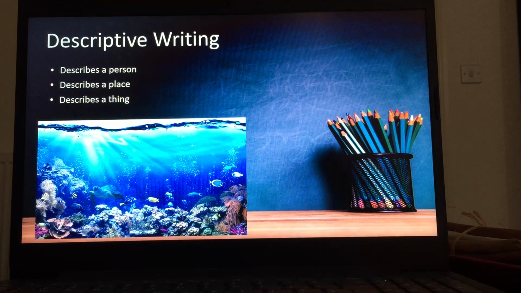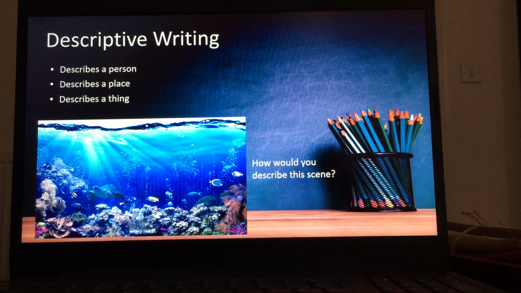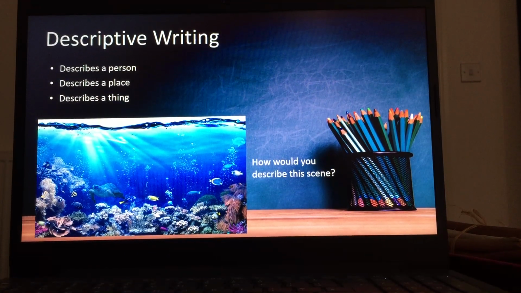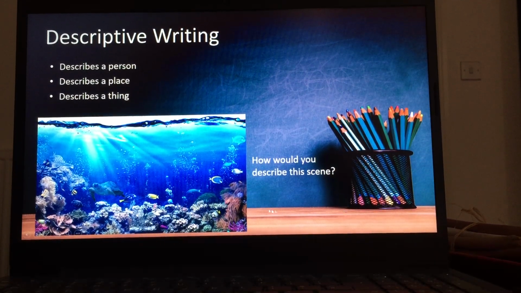If you were given this image of an underwater scene, how would you describe it? Would you focus on the colors of the different animals, the sounds, the textures that you see and would feel of the coral?